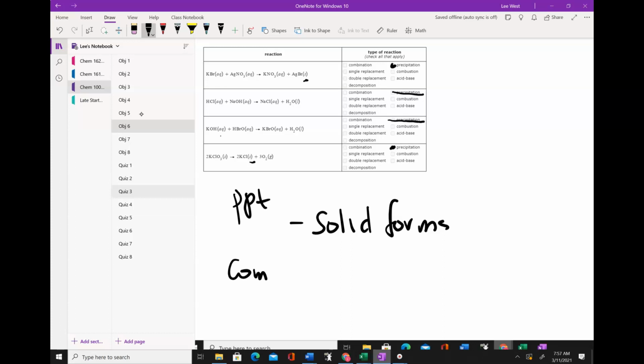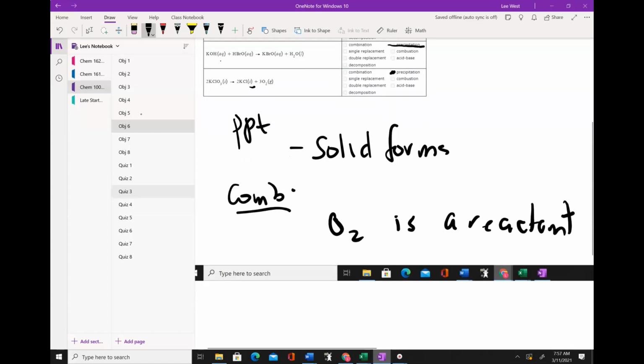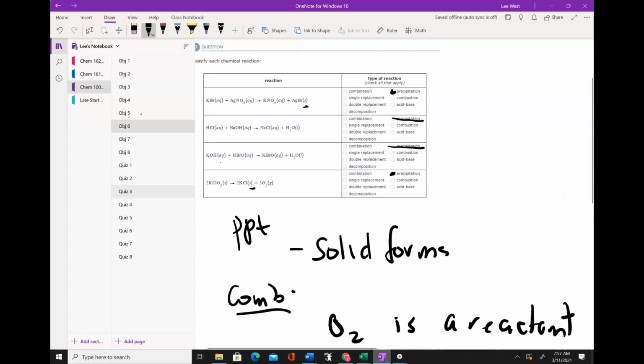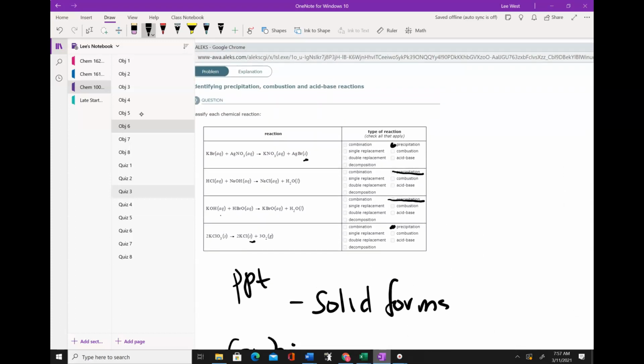Combustion: O2 is a reactant, and we form an oxide. So let's go through here. No oxygen is a reactant, it's not a combustion.